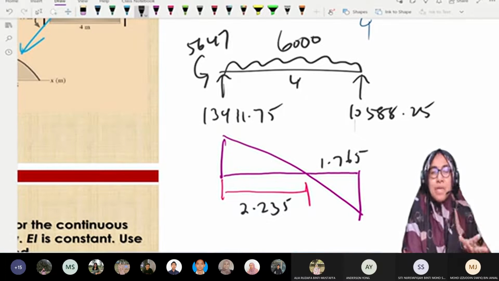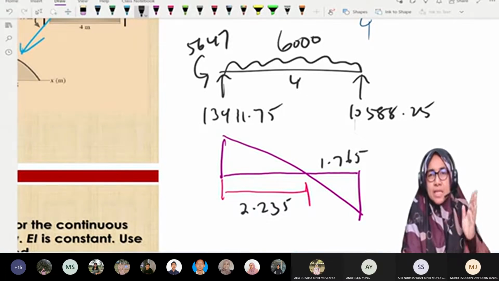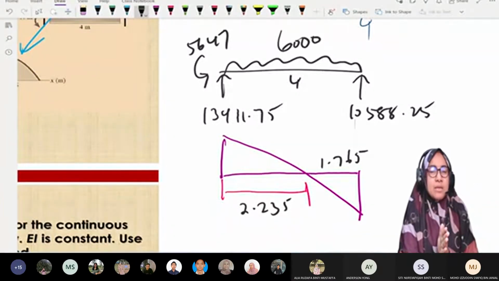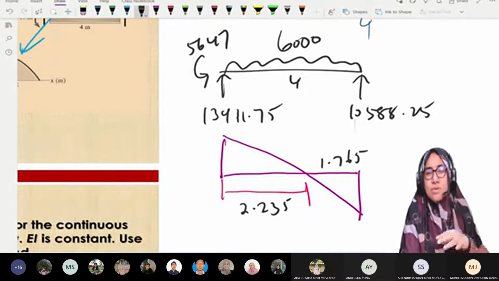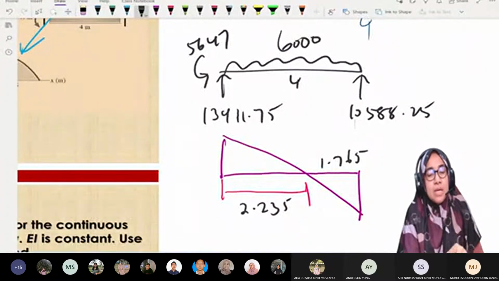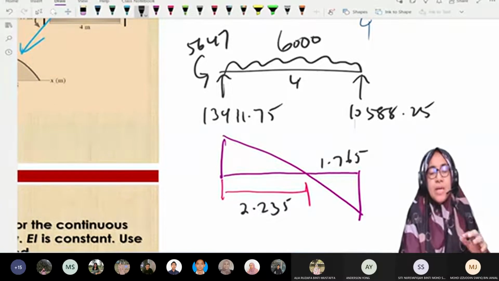So dapat macam ni, and dah dapat shear force diagram, ada intersection, kena identify the distance from hujung sampai ke intersection point, how to calculate that. So semua kena tahulah. Because benda ni dah belajar masa solid mechanic, bukan hari ni. So cara dia it is force divided by W. Okay, it is 13411.75 divided by 6,000.